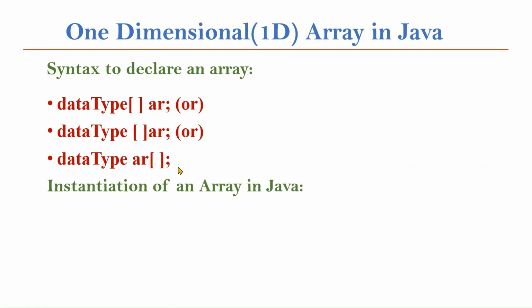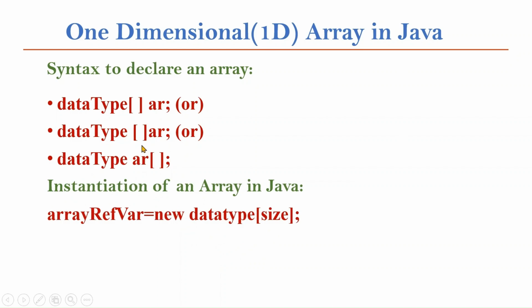Now instantiation of an array in Java. When you go for this declaration, memory is not allocated. But if you write this particular line with the new operator, then the memory is allocated. Here you need to write the array reference variable. This AR is called the array reference variable name.